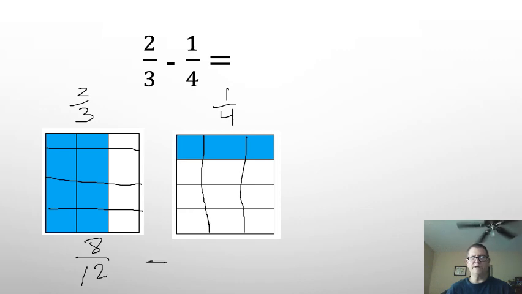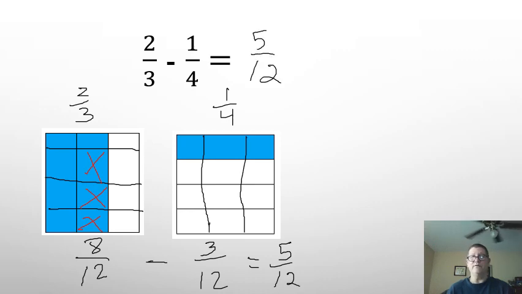And we're subtracting, we got 3 shaded, and it's a 3 by 4, so it's 12. So let's go up to our model, and we're subtracting 3 twelfths from 2/3, well, from 8 twelfths, it's equivalent. So we take off 1, 2, 3 twelfths, and we can see that's leaving us 5 twelfths. So 8 twelfths minus 3 twelfths equals 5 twelfths. So that also means 2/3 minus 1/4 equals 5 twelfths.